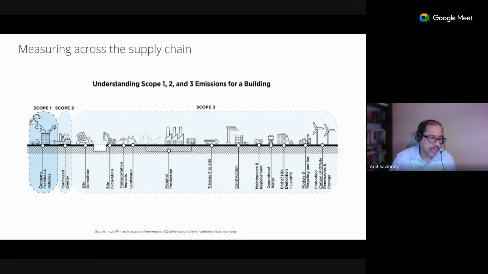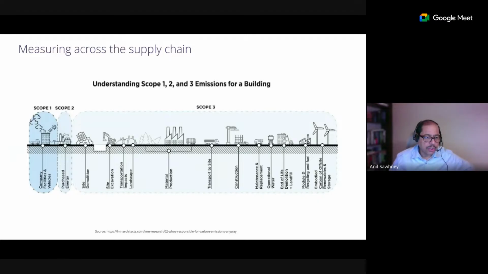So your site demolition, site excavation, because this is going to be done, if you are the developer of a building, you are going to get subcontractors, contractors, vendors, suppliers to do all the supply chain work.